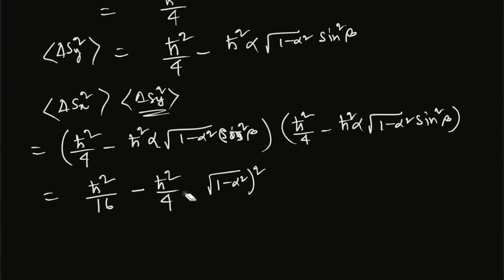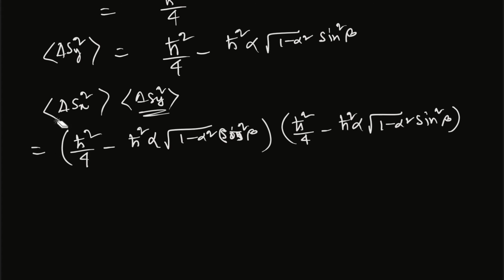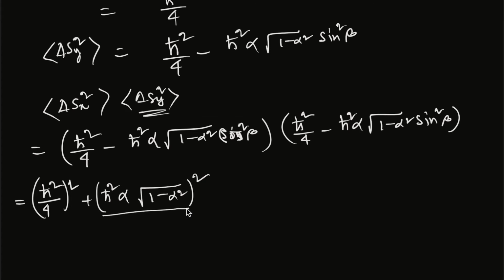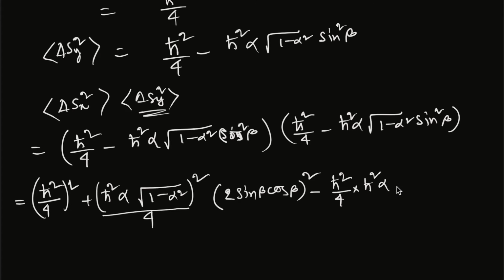It will be h cut square by 4 its square, and plus h cut square alpha root over 1 minus alpha square its square by 4 to sine beta cos beta its square, and there will be another minus h cut square by 4 into h cut square alpha root over 1 minus alpha square cos square beta plus sine square beta.